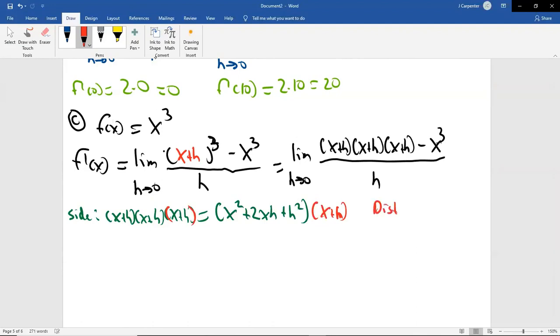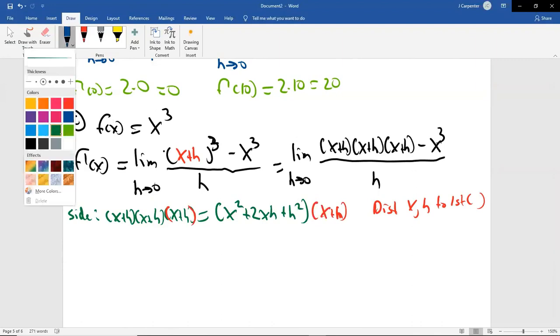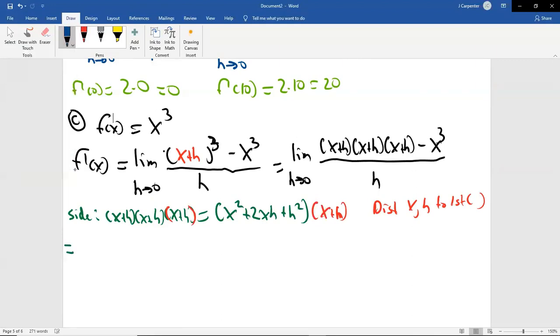So distribute the x and the h to the first parentheses. Or you can distribute the x squared, the 2xh, and the h squared to the second parentheses. Distributions work either way. So in blue, I'll show these three products.